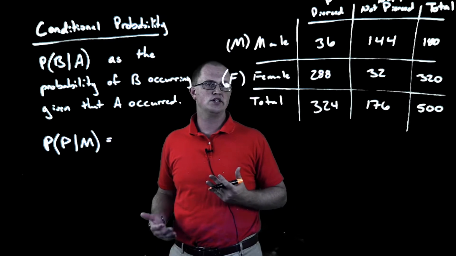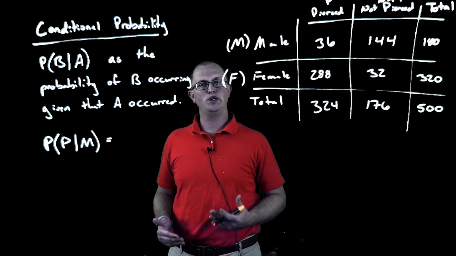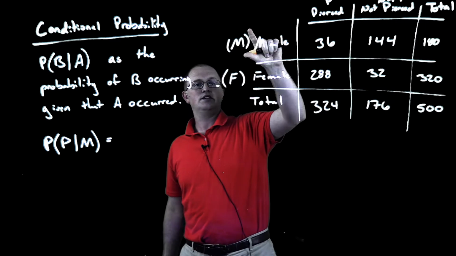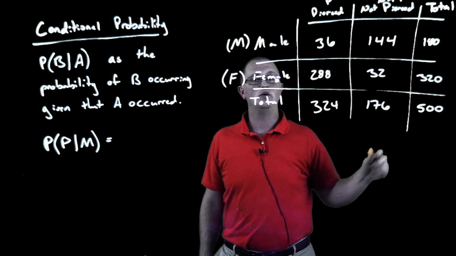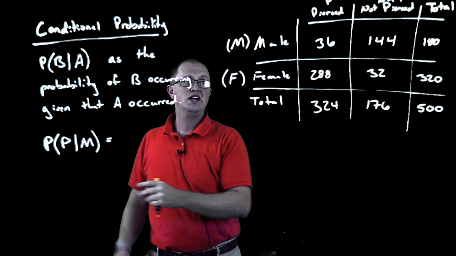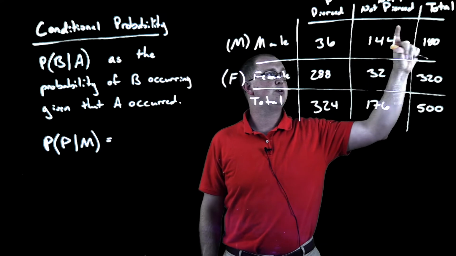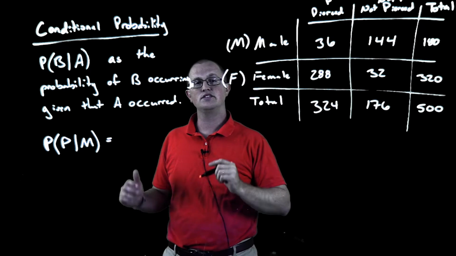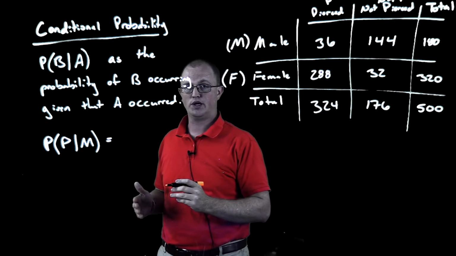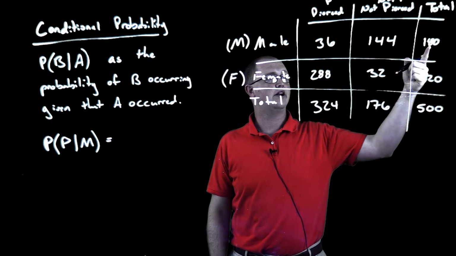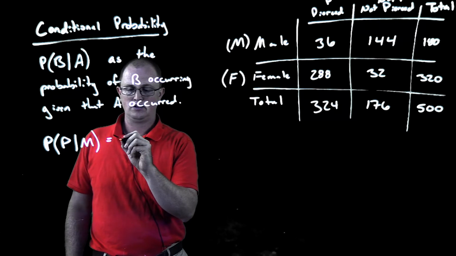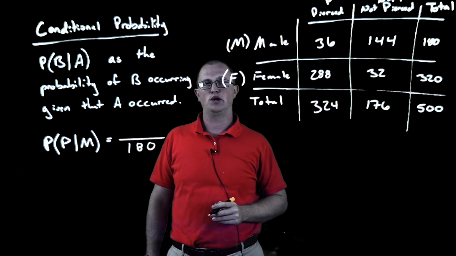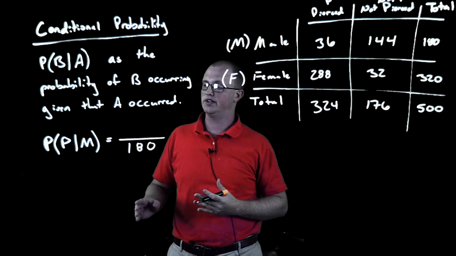And so that doesn't include the entire 500 people. It means that we're restricted to this single row right here. We know that they've identified as male, and so that restricts us to only the people who have identified as male. And that means that instead of out of a total of 500 respondents, we only have a total of 180 responses.